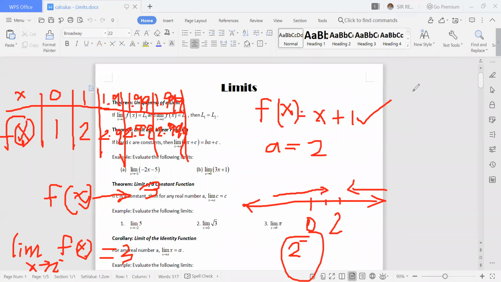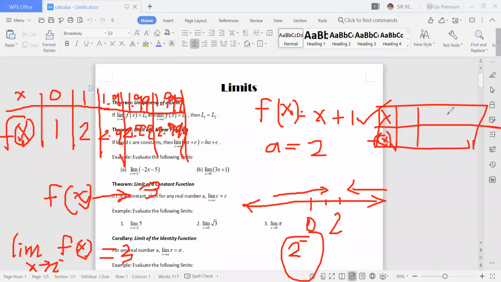So the next thing that we will do is we will use values from the right hand side of 2. If we say right hand side, so this is x, this is f of x. It will be something like this. If you say right hand side of 2, obviously the nearest whole number is 3.